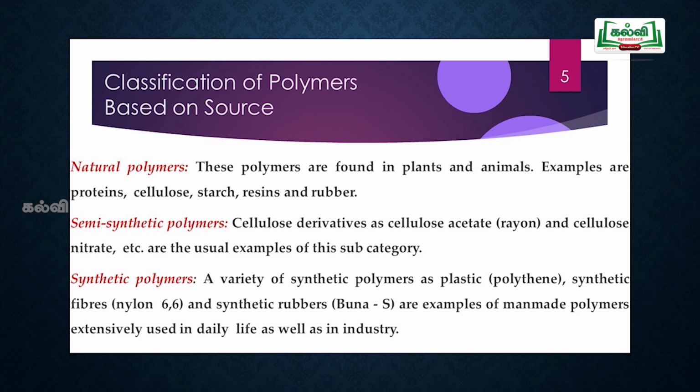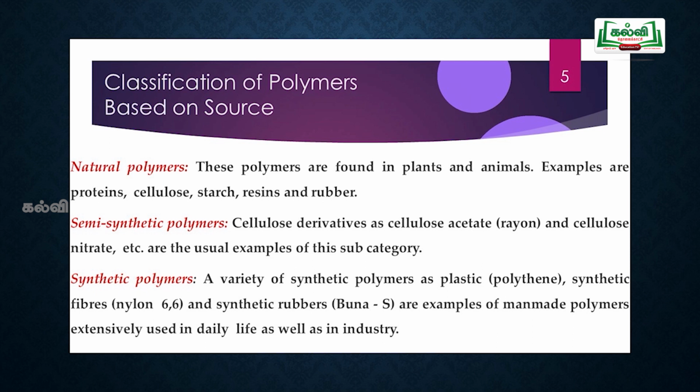See, 3 types: natural polymer, semi-synthetic polymer, synthetic polymer. What are natural polymers? The polymers which are obtained directly from plants and animals, found in living systems, are called natural polymers. Examples: proteins, cellulose, starch, rubber, etc. Polymers obtained from natural sources, plant and animal, are called natural polymers.